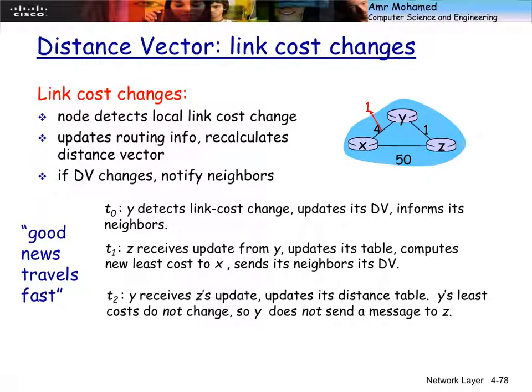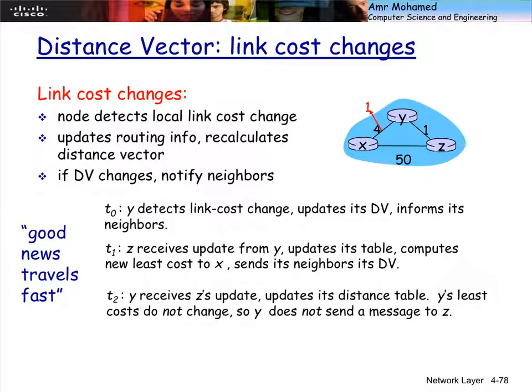So it's definitely 1, which is exactly the same. And X will see the cost to Z is either through Y, which is 2, or direct, which is 50. So it will stay the same, because Y has already received this information and updated its own distance. So in fact, through 2 iterations, the network converged.